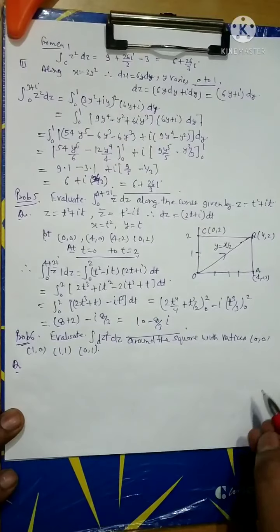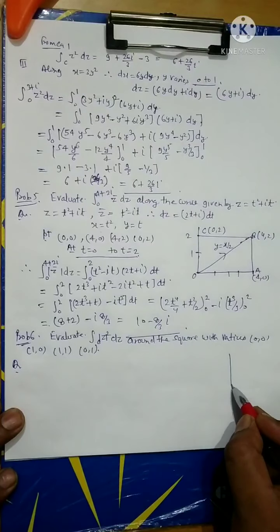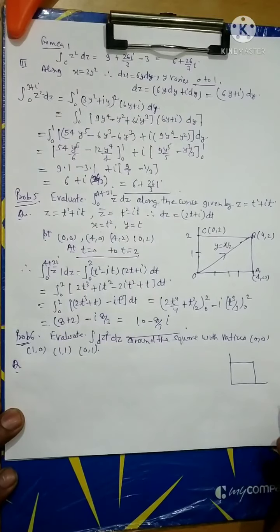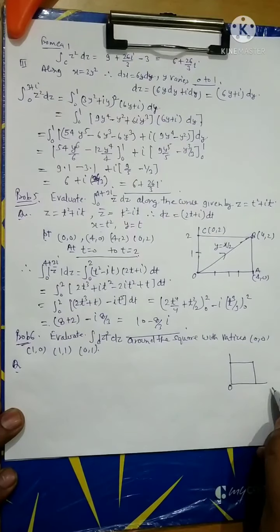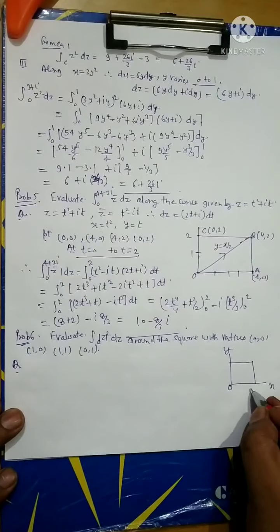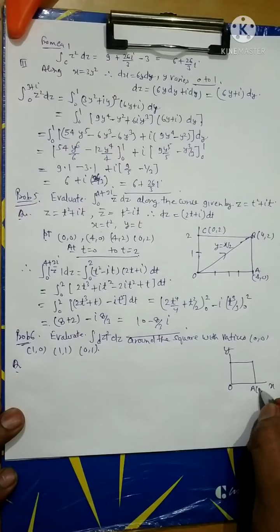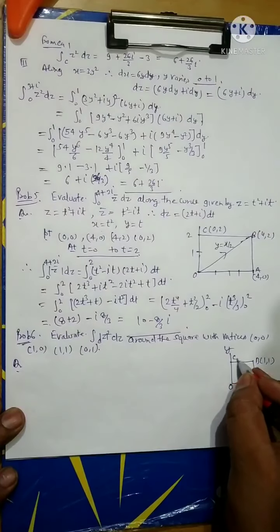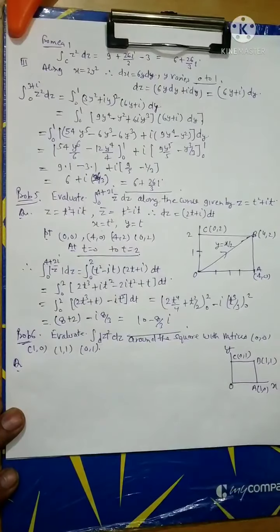Answer: we construct the square. This is equal to origin, x-axis, y-axis. Now find A (1, 0), B (1, 1). Now C (0, 1).